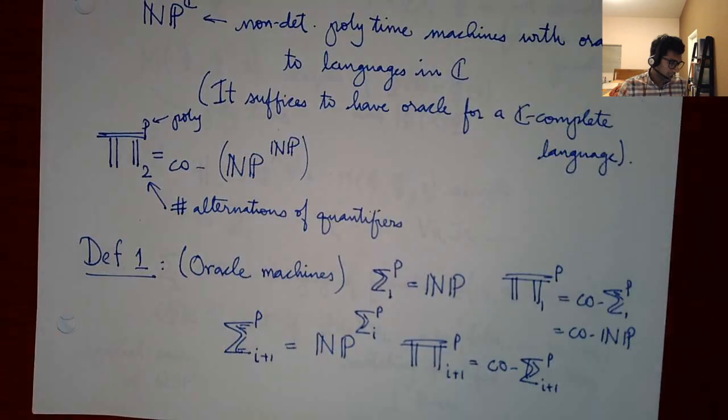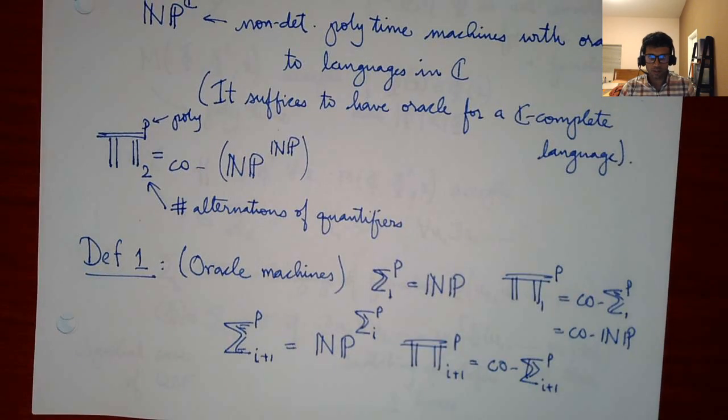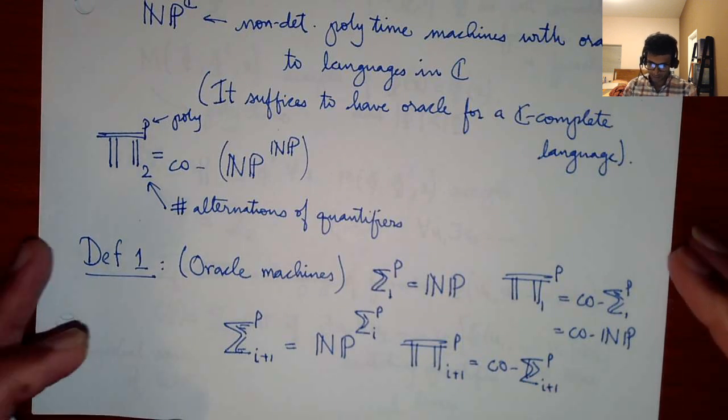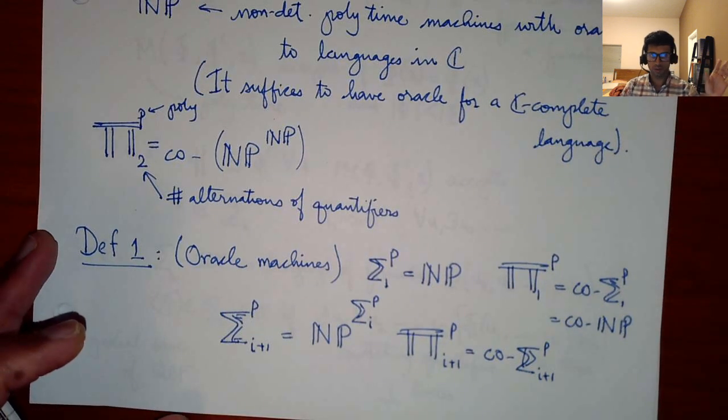And the polynomial hierarchy captures languages that are expressed through alternations of quantifications, with a Boolean formula at the end.